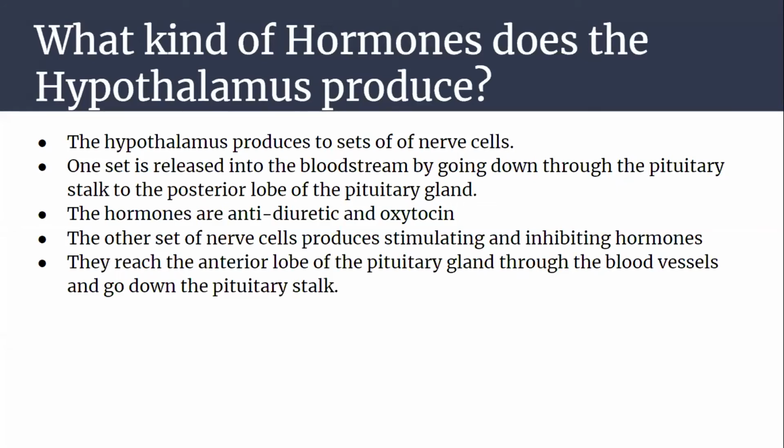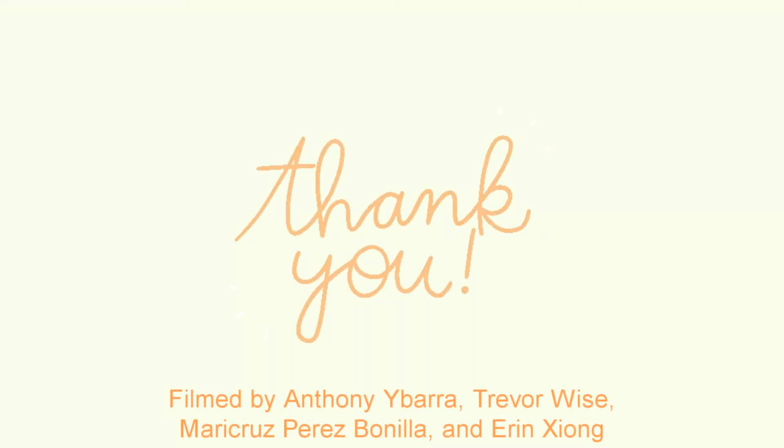The other set of nerve cells produces stimulating and inhibiting hormones, and they reach the anterior lobe of the pituitary gland through the blood vessels and go down the pituitary stalk.